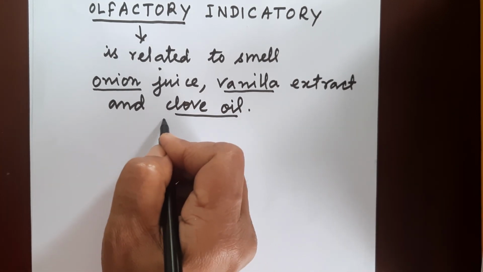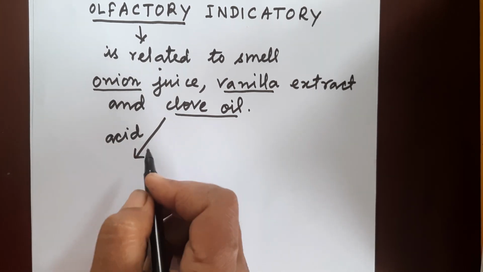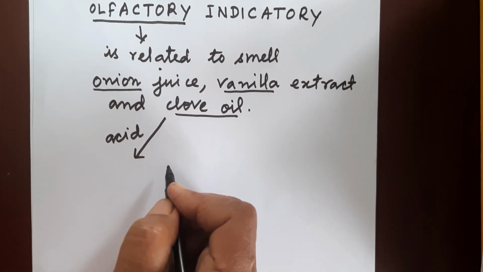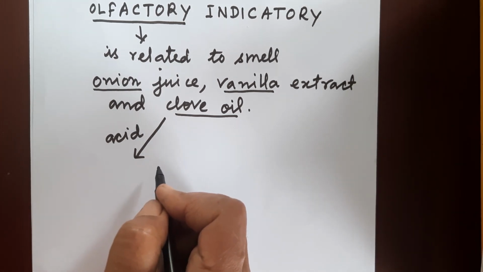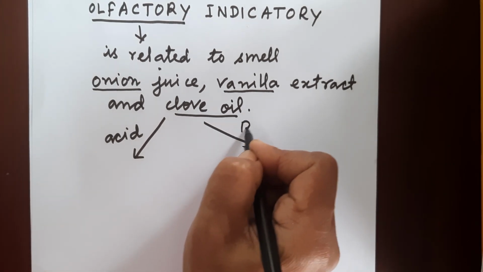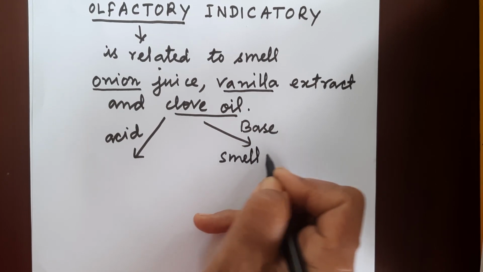Now if you put this solution in acid, you will see there is no change of their smell. That means in acidic solution their smell cannot be changed. But if you put their solution in base, their smell cannot be detected.